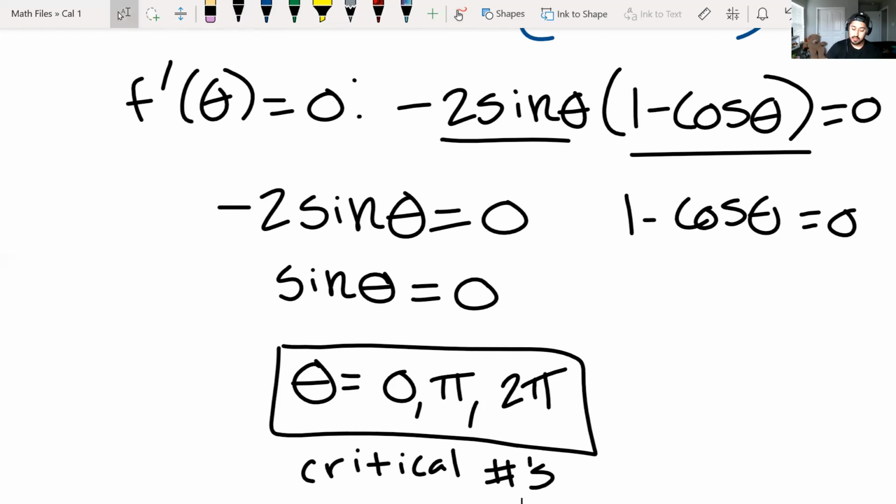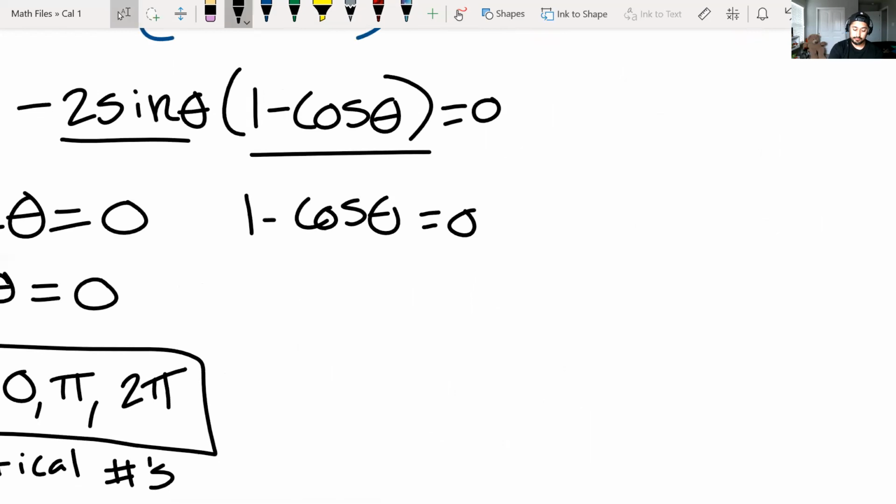Okay. And then here, move cosine over, or whichever, doesn't matter. I say 1 equals cosine theta. And now we think to ourselves, where on the unit circle between 0 and 2 pi is cosine equal to 1?